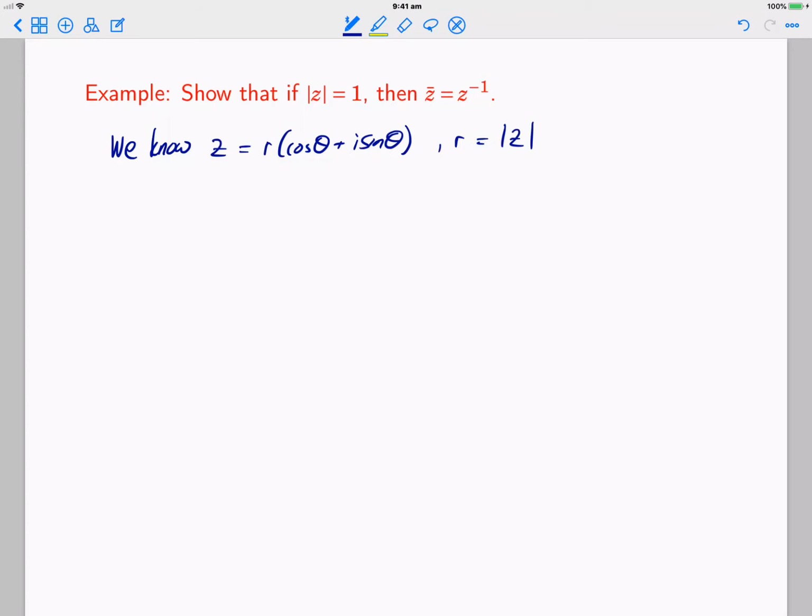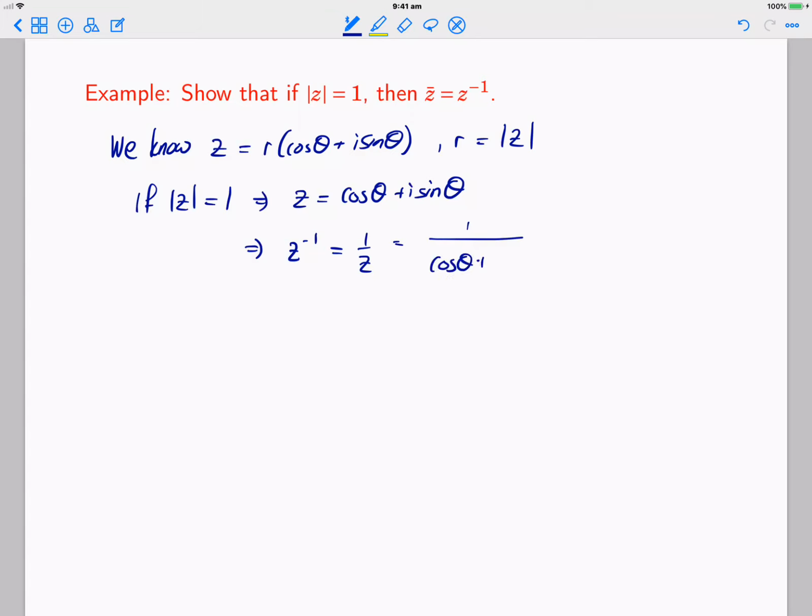So if we take the modulus of z as being 1, that means z has this form: cos theta plus i sine theta. In that case, z to the power of minus 1 just means 1 on z, which is 1 over cos theta plus i sine theta.